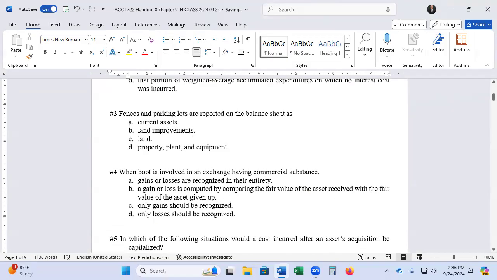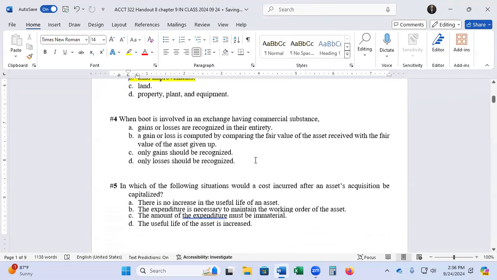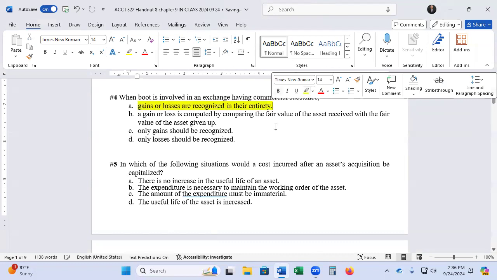Fences and parking lots are reported on the balance sheet as land improvements. When boot is involved in an exchange having commercial substance, boot being some sort of cash, gains or losses are recognized in their entirety.